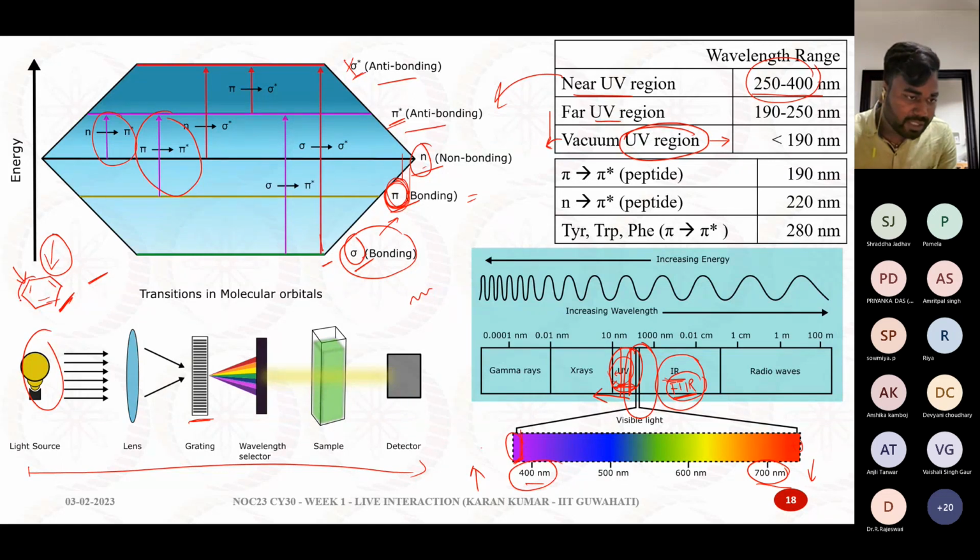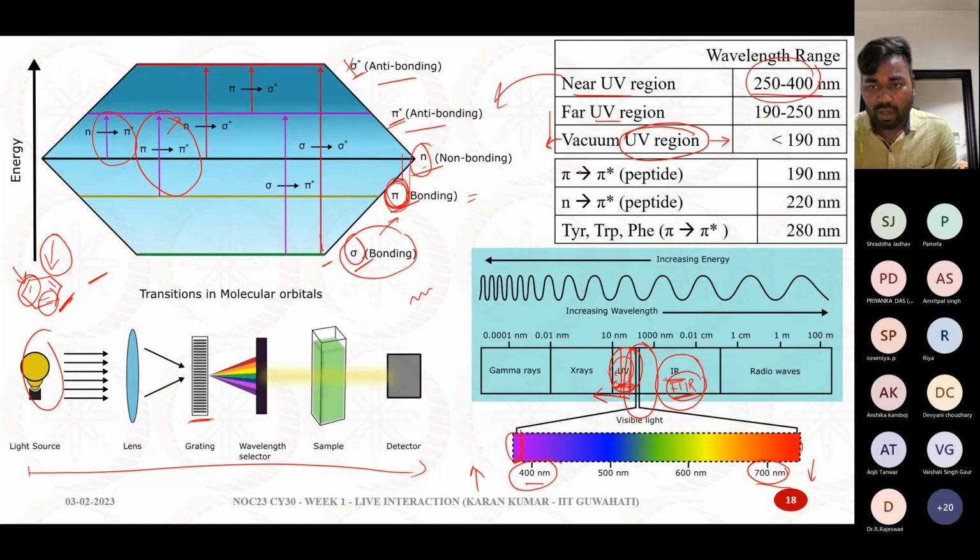The pi bonding in the benzene ring takes the energy in pi to pi star transition, and then they can absorb the light. Once the absorption of light is done, that is recorded in the UV spectrophotometer, and that's what you observe, which kind of light has been absorbed.